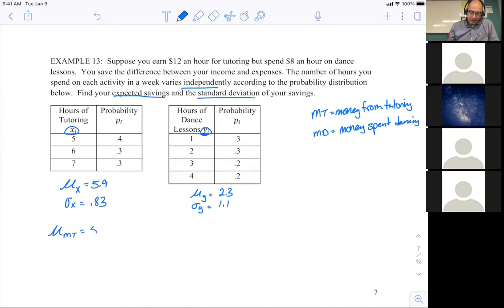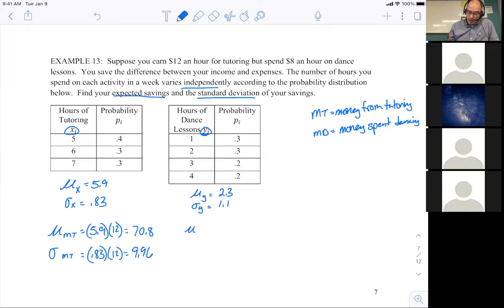All we have to do is take 5.9 times my $12 per hour. So we're going to make on average $70.80 a week from tutoring. The standard deviation of my money tutoring is 0.83 times the $12, which gives 9.96.